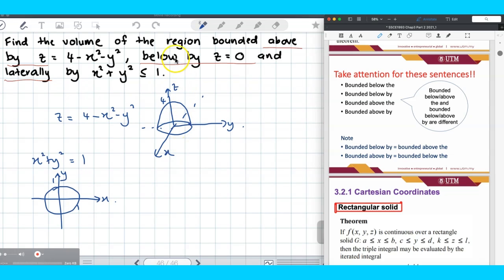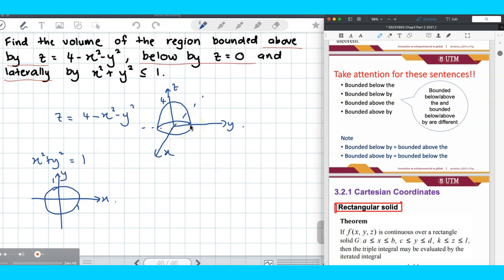Okay, so there is a difference. If I throw away the word by, just bounded above the z, what can you understand? Above the z of 4 minus x squared minus y squared, above, meaning outside the bowl. But in this case, bounded above by, so dibatasi atas oleh bowl.